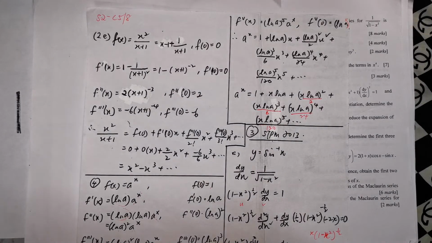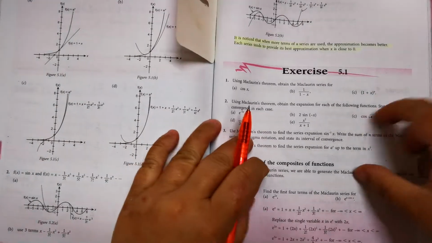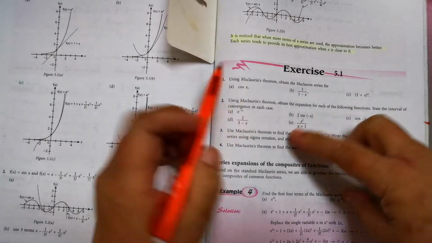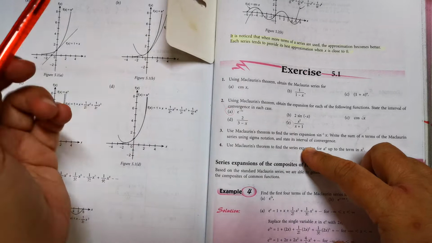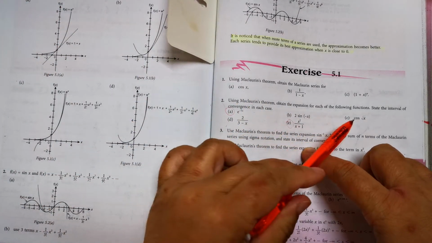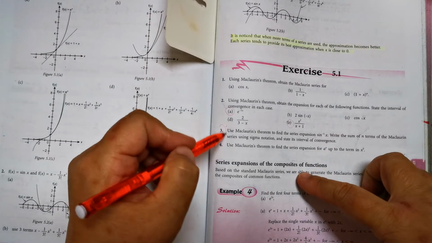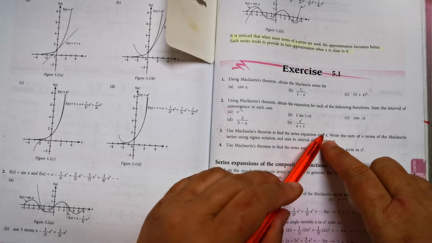Alright, so these are the questions in exercise 5.1. For question 1, all the three I have discussed. Question 2, I have discussed A and E. Therefore, B, C, D will be your homework. And question 3 is also your homework. Use Maclaurin's theorem to find the expansion for arc sine x.